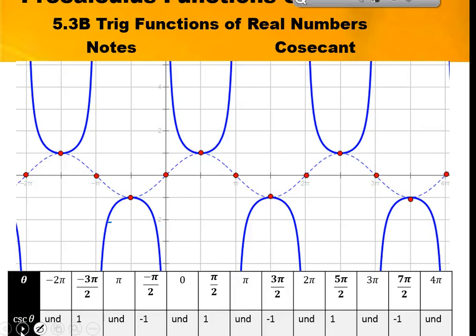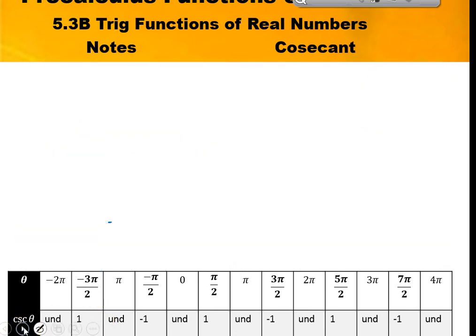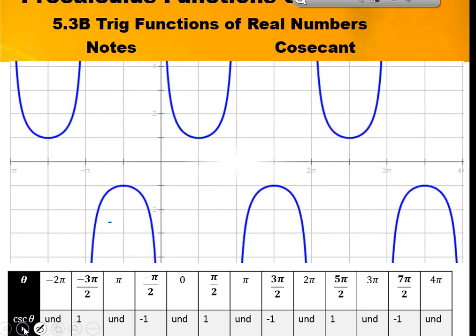The solid parabola-looking shapes are the actual graph of cosecant. You just have the sine as a guide of where to start your parabolas. But you don't have to draw the sine. You can draw it without the sine, so that would look like this. So here it is without the sine before it.